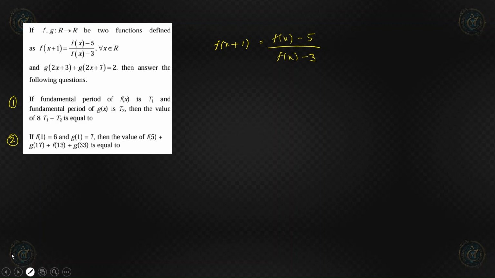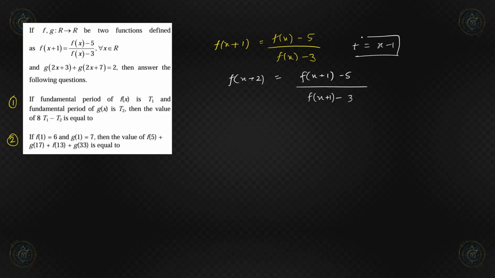So let us try to find f of x plus 2 first. Okay. F of x plus 2 will be what? F of x plus 1 minus 5 divided by f of x plus 1 minus 3. Right. We simply consider here that t is equal to x minus 1. Okay.